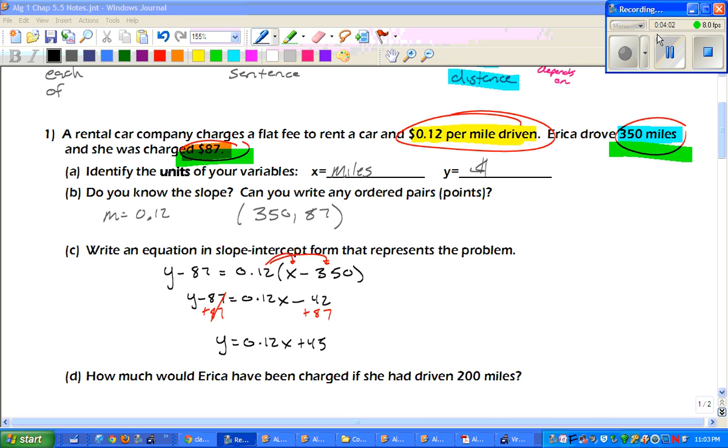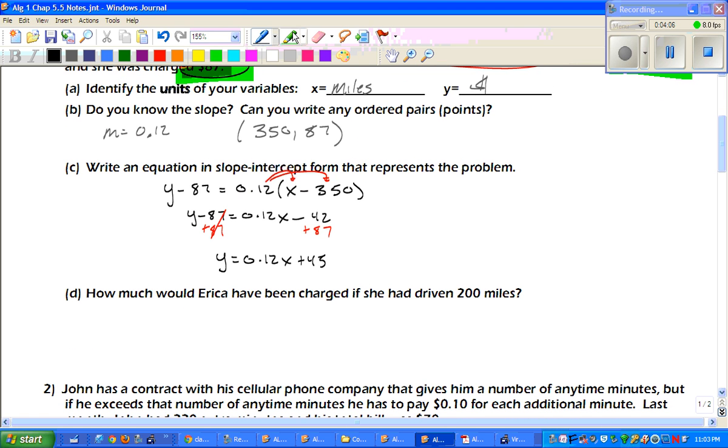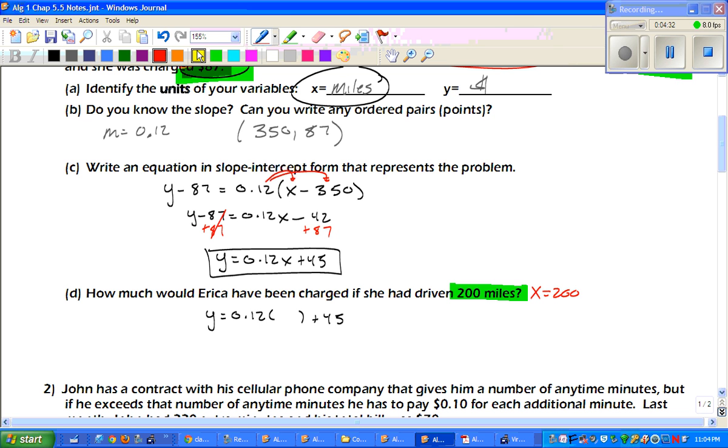Okay, and now we might think we're done, but we're not, because look at what the next question says. It says, how much would Erica have been charged if she had driven 200 miles? Miles, if we look back at the top, that's x. So they're saying what happens when x equals 200. To do that, we're going to plug 200 into our equation that we just figured out.